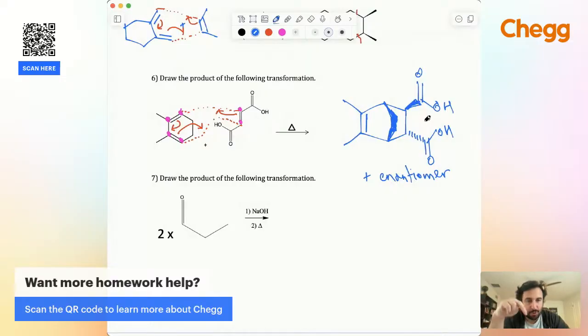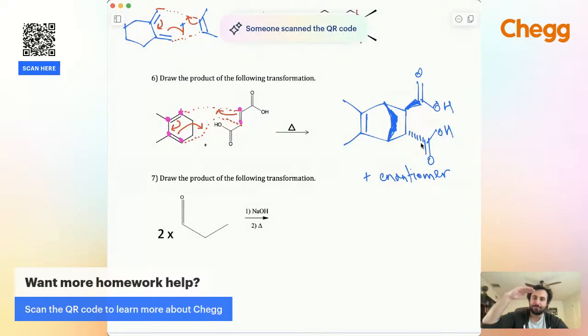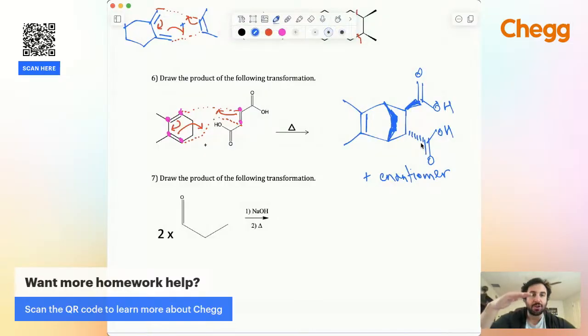If they're both dash or both wedge, as drawn here, more often than not, both being on the dash, I believe, is better. So typically the endo configuration is more energetically favorable because in the transition state, there's pi electron overlap. There's interaction between pi electron density that stabilizes the transition state. So that's when you have the diene and then the dienophile overlapping under there, right?